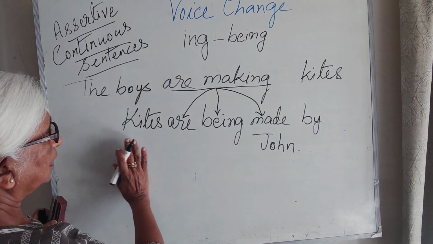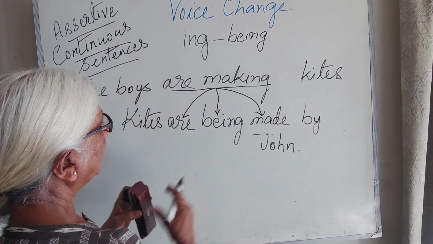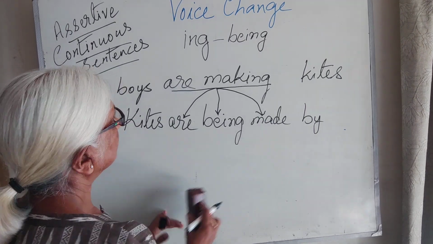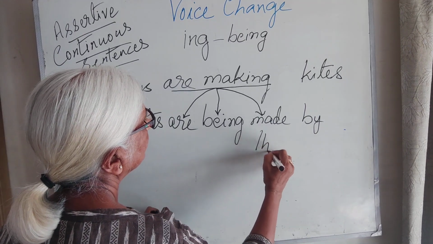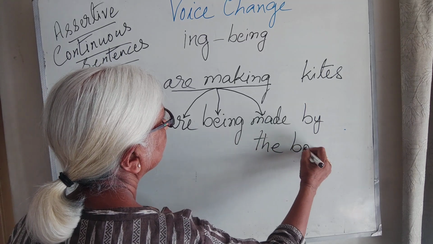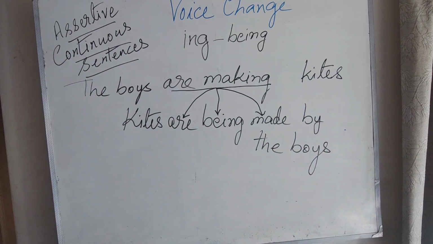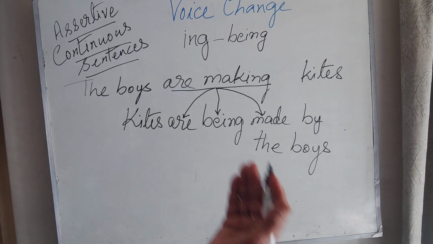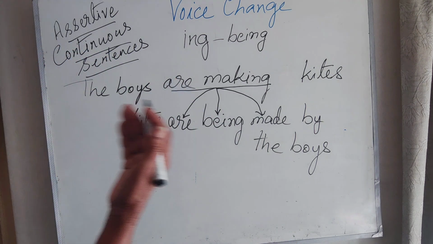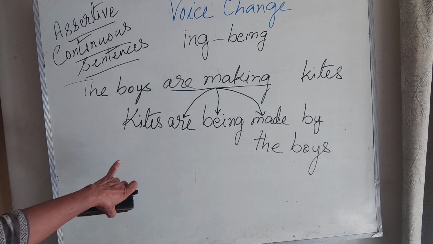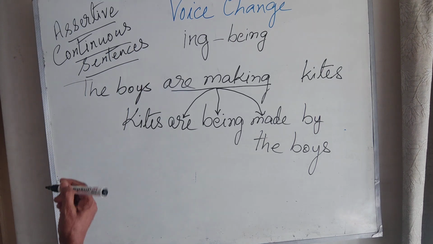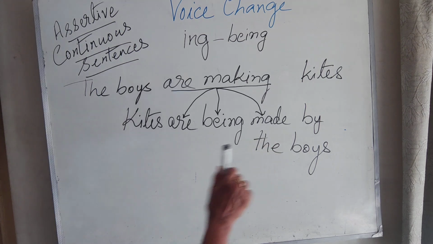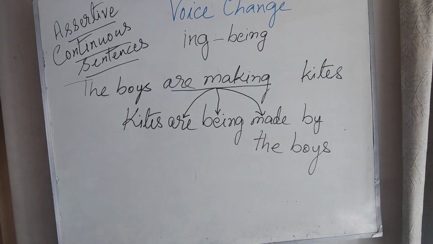Kites are being made by, here we change it by the boys. Right? The boys are making kites. Kites are being made by the boys. So here both subject and the object are plural. So when it changes its place, the object comes in front. That is also plural. So there is no change over here. So kites are being made by the boys. Okay? This is present continuous.